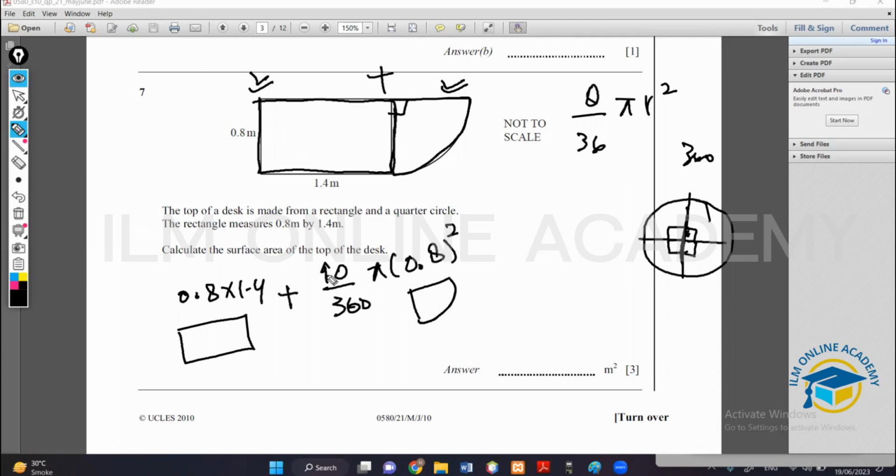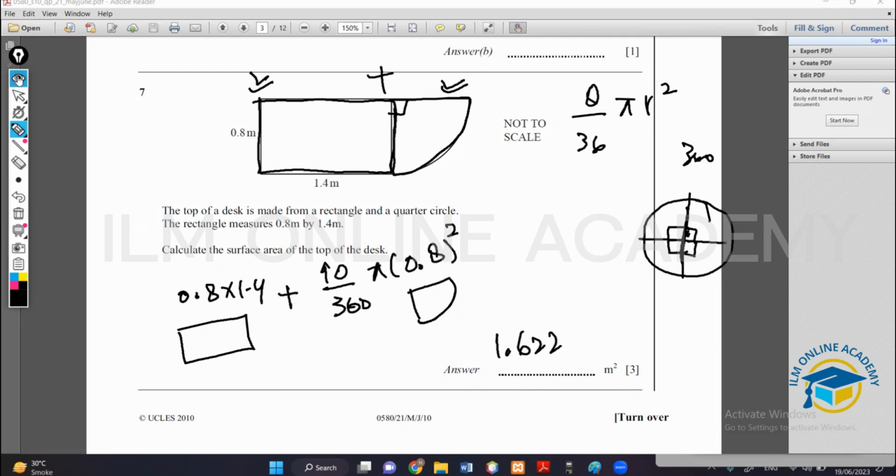So I'm calculating it on my calculator: 0.8 multiplied by 1.4 plus 90 over 360 times pi times 0.8 squared. The answer is 1.622 meters squared. So this is the answer.